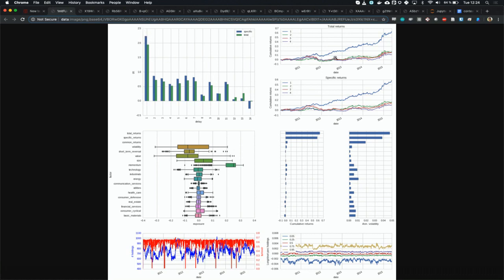Then over here we have a very similar type of analysis where we're just looking at the cumulative returns of the total returns in the top row and the specific returns in the bottom row. The lines and colors indicate which delay we are running this with. So the blue line refers to 1 day delay trading, so to this bar on the left here, and the second to the second day, so it's days 1 to 4.